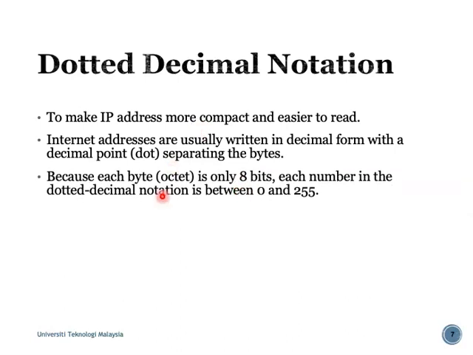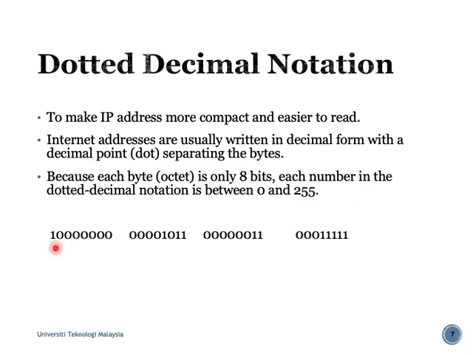Because each byte or octet is only 8 bits, each number in the dotted decimal notation is between 0 to 255. So the maximum value of the dotted decimal here is 255.